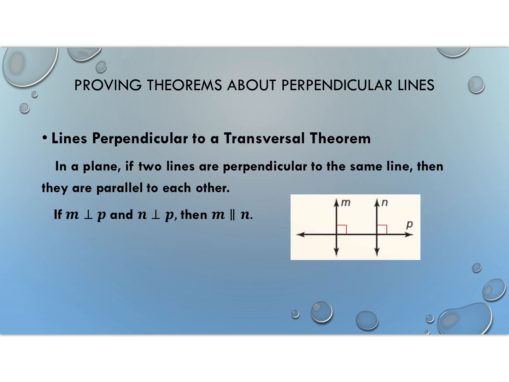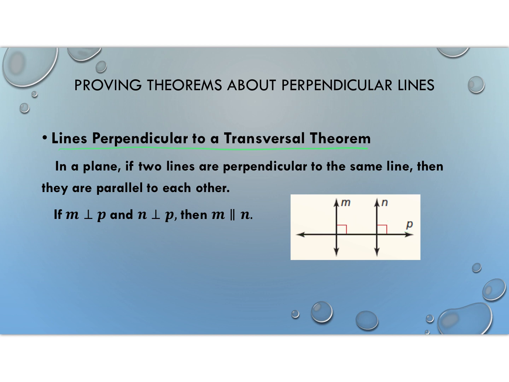Couple more theorems here. Lines perpendicular to a transversal theorem. Here it says, in a plane, if two lines are perpendicular to the same line, then they are parallel to each other. So this is a little bit opposite of the one before. The slide before told us that if these lines were parallel and this transversal was perpendicular to one, it's perpendicular to the other.